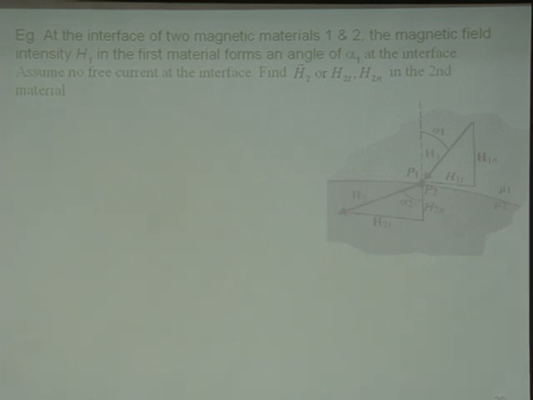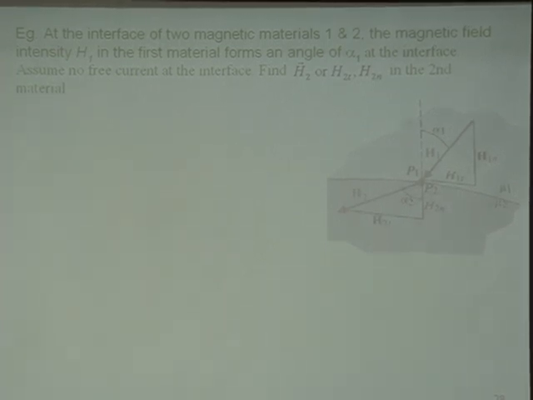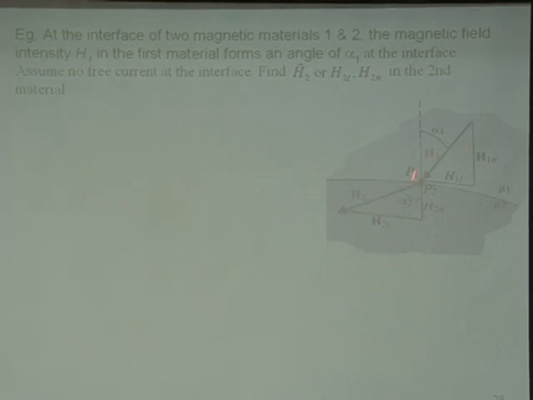有问题？很直接，right? 那我们上回已经介绍过，就是 normal component of the magnetic flux density is continuous, and tangential component of the H field is continuous. Well, 在这里呢 let's specify that these two materials are non-conducting material.